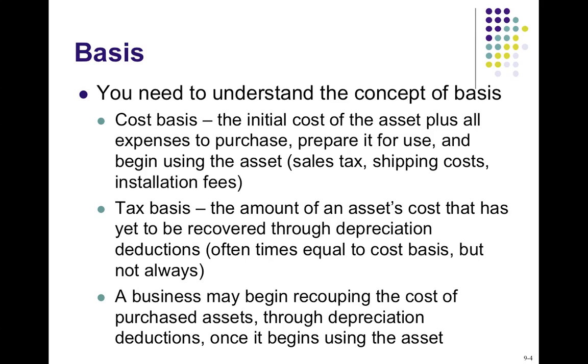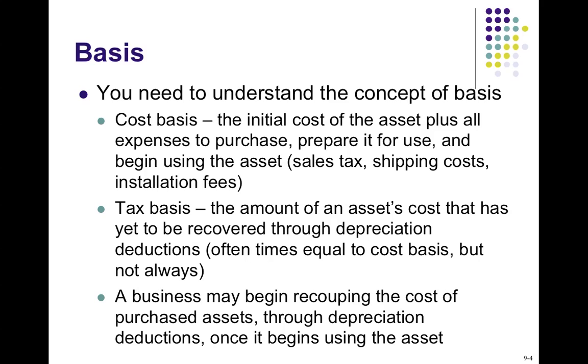The next basis you need to understand is tax basis. When we purchase an asset, the tax basis is the amount of the cost that we haven't yet taken a tax deduction for. Oftentimes, cost basis and tax basis are going to be the same amount, but not always, and I'll talk about when cost basis is going to be different than tax basis.